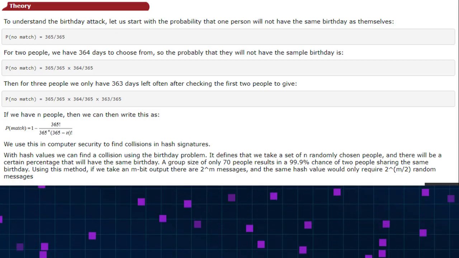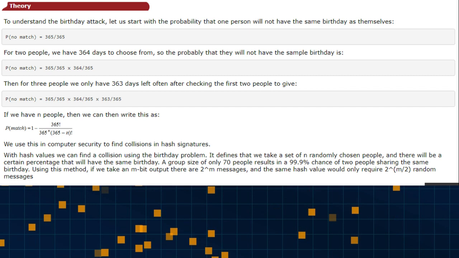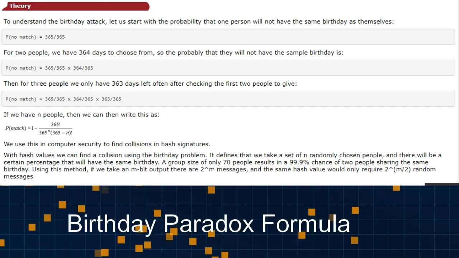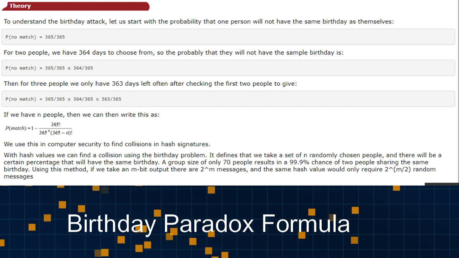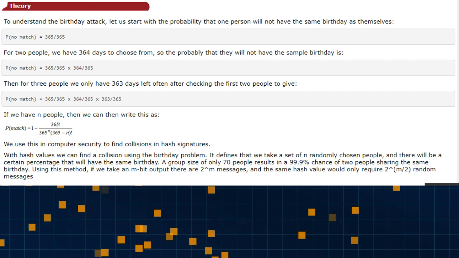To understand the birthday attack even more, let us start with the probability that one person will not have the same birthday as themselves. Hence, we get 365 divided by 365. For two people, we have 364 days to choose from. So the probability that they will not share the same birthday is 365 divided by 365 times 364 divided by 365.